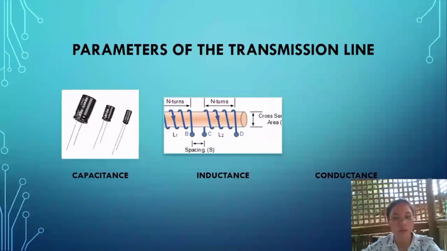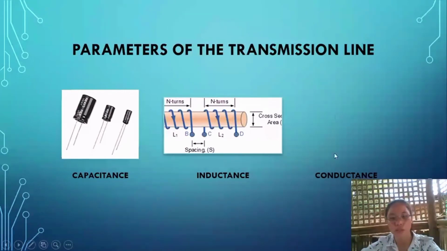Inductance is represented by L. Like I said, in the circuit diagram of the transmission line that I discussed earlier, the parameters are represented by R, L, G, and C. So L is the inductance, and its unit is Henry per unit length of the conductor.